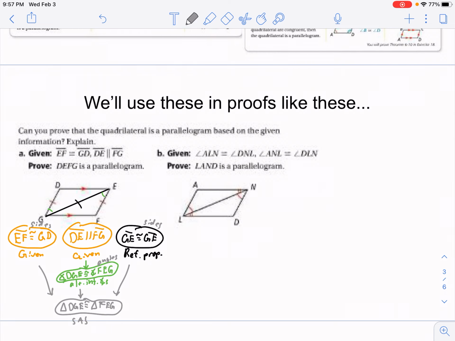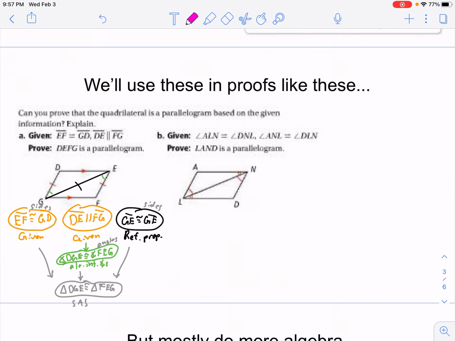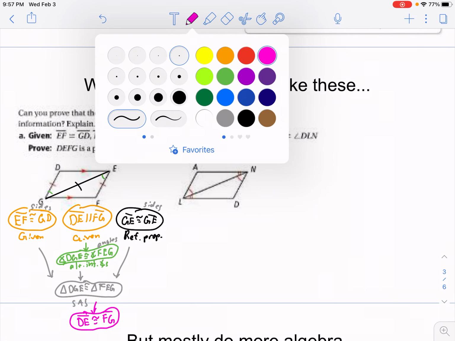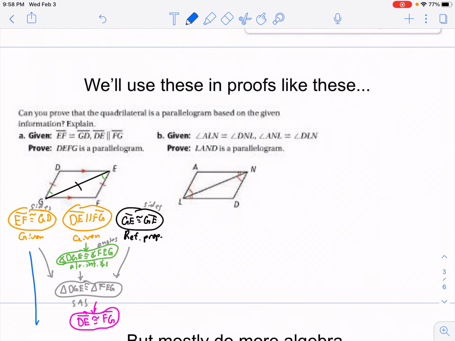Then with CPCTC, I can say that DE is congruent to FG, and that means that we're done.